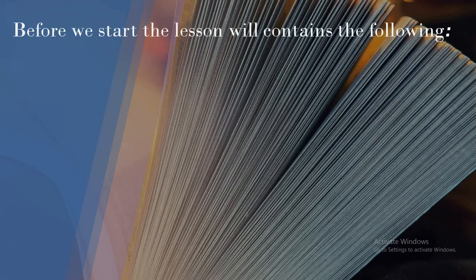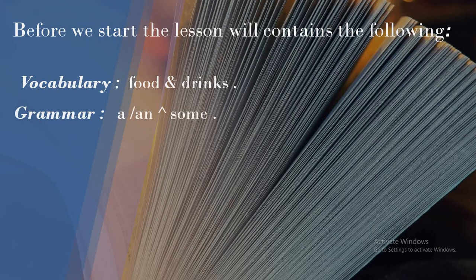Before we start, the lesson will contain the following. As always, we start with vocabulary. The vocabulary of today will be food and drinks. For grammar, you will study a, an, and some.